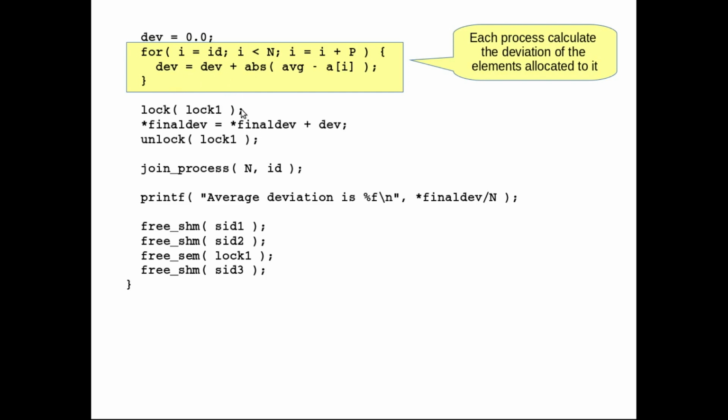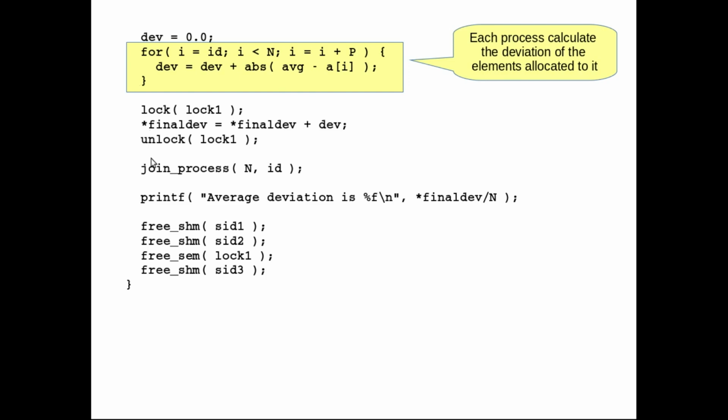and then process 0 will go ahead and update the shared variable that stores the total deviation, and each process will do that. Process 1, process 2 and process 3 will do this calculation, and each of them will individually update the shared variable for total deviation.